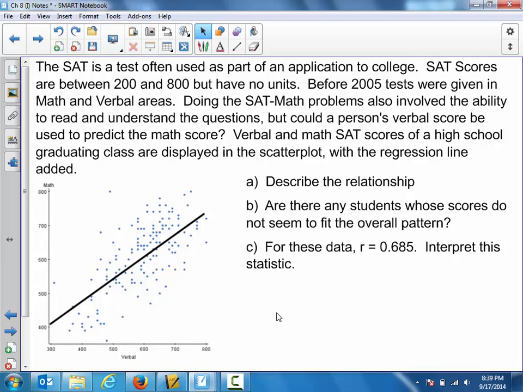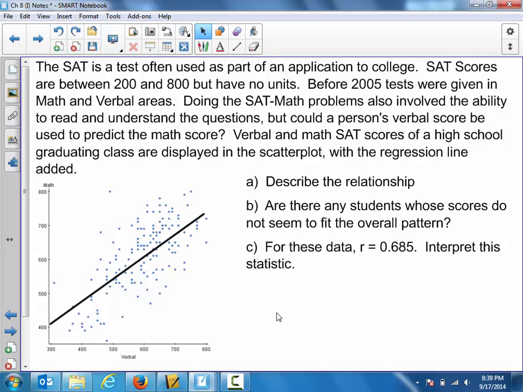Well, anytime you're doing a description of a scatter plot, you're relying on strength, direction, and form. Strength here I would characterize as somewhere between moderate and weak. We don't have a very tight clustering of the data. The form is approximately linear.